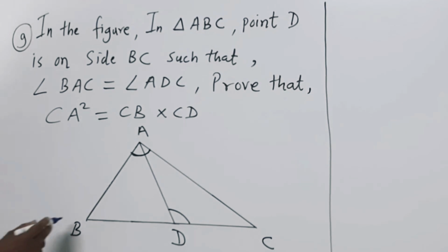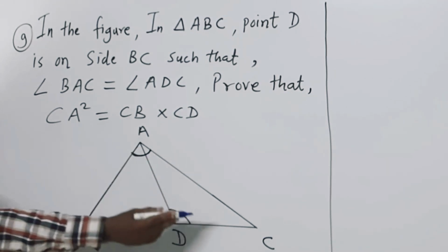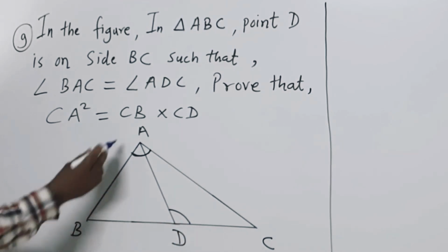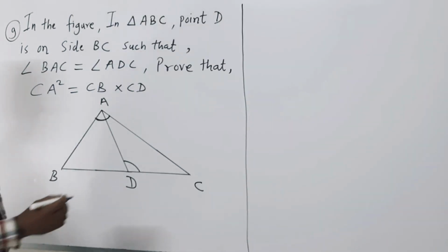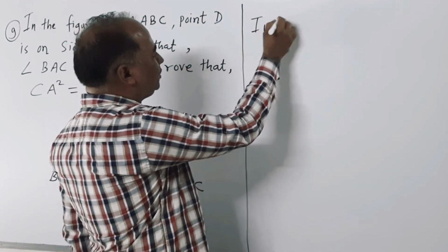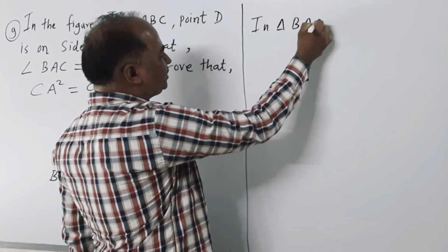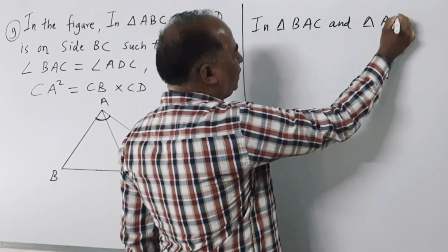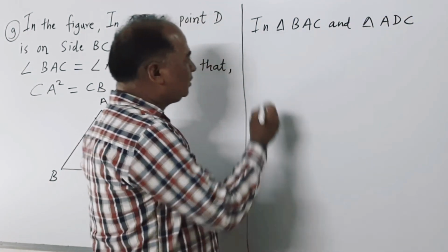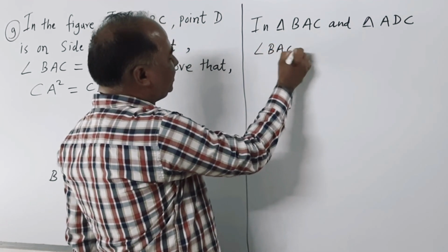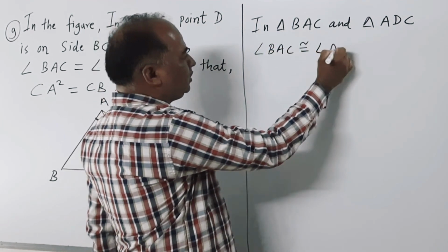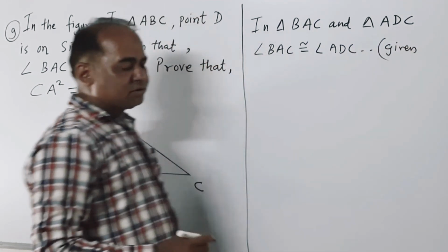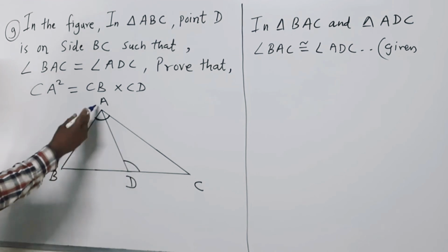So let us consider triangle BAC and triangle ADC. In these triangles, angle BAC is congruent to angle ADC, which is given.